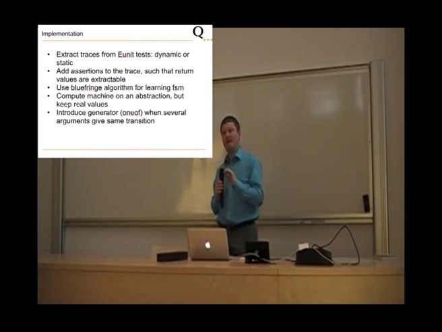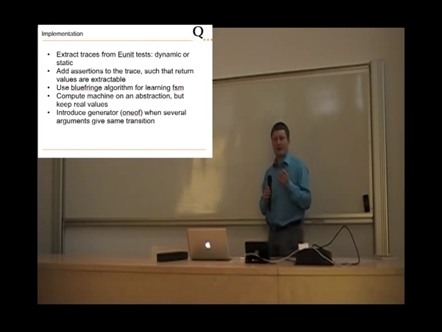Then we use the blue fringe learning algorithm. Blue fringe is one of those algorithms which is very good in learning if you have both positive and negative tests. And that's exactly what we need here. So we have experimented with a number of machine learning algorithms, and we just found this the best one to serve this purpose. So we run that over this long trace, and we get some information from it, giving us the picture.